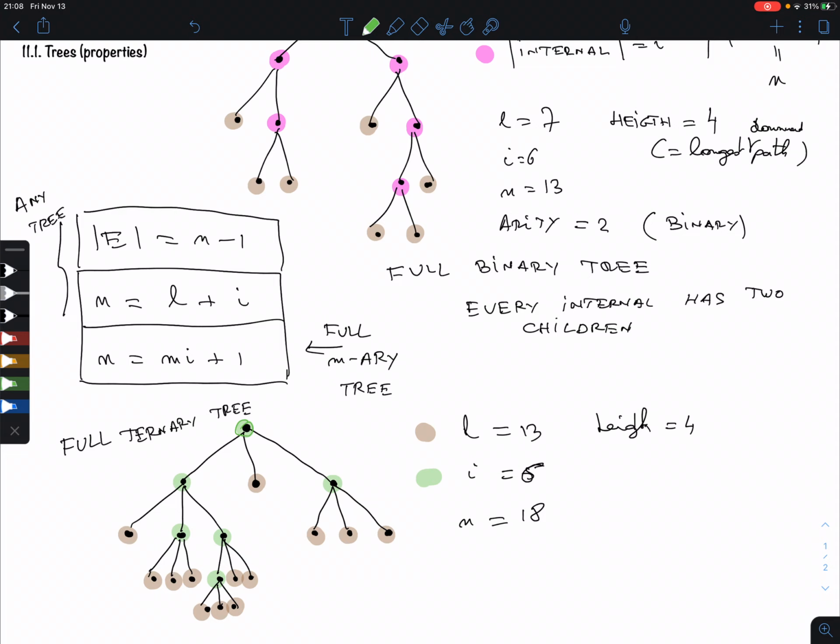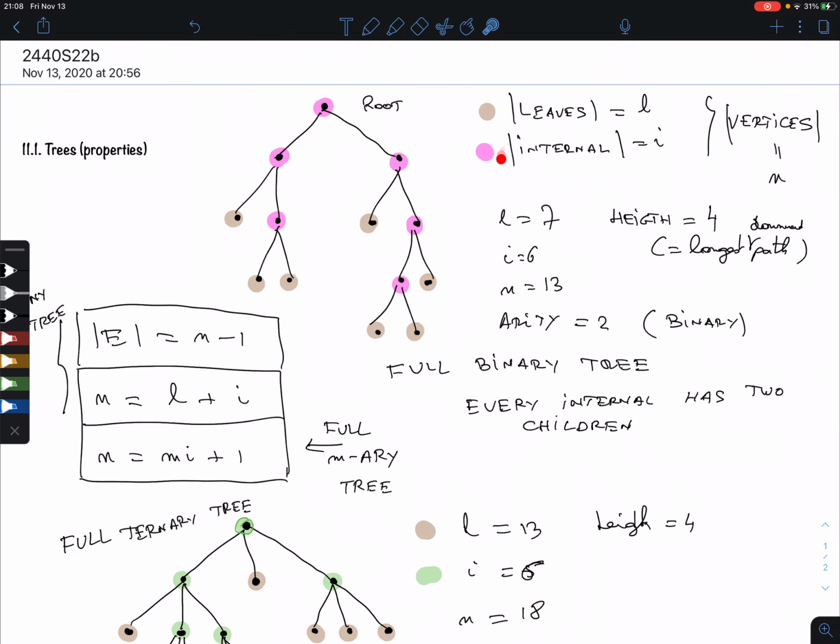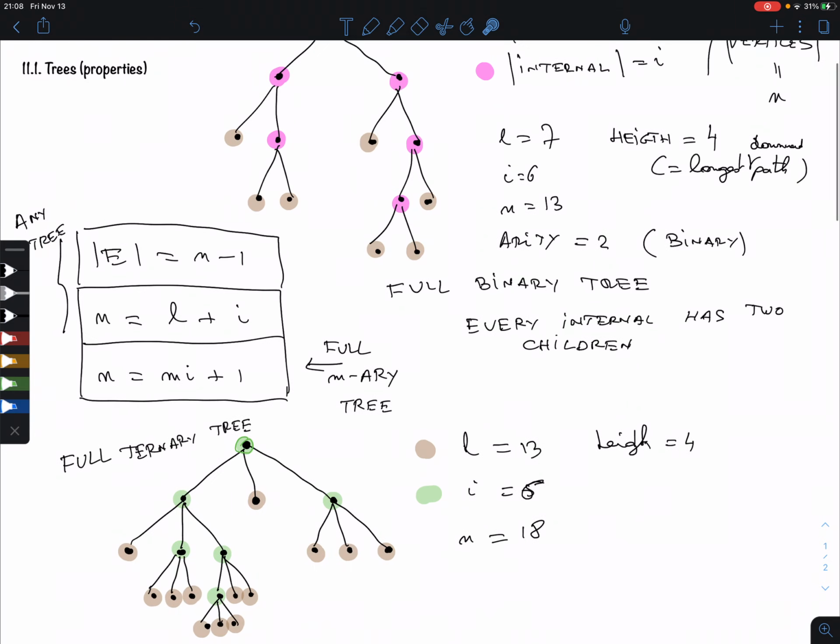So in total, how many children are there? Let's call a child somebody who has a parent, right? Well, there are I, remember, internal means to be a parent. There are I parents, and each parent, full m-ary means every parent has exactly m children.